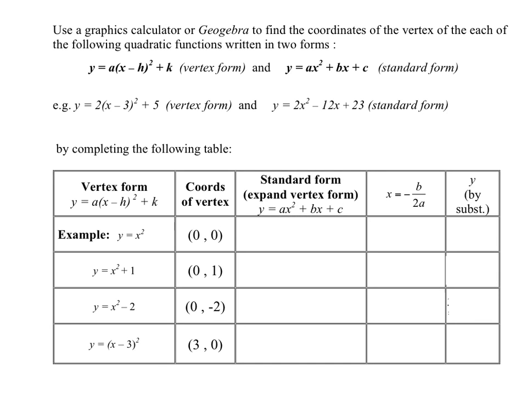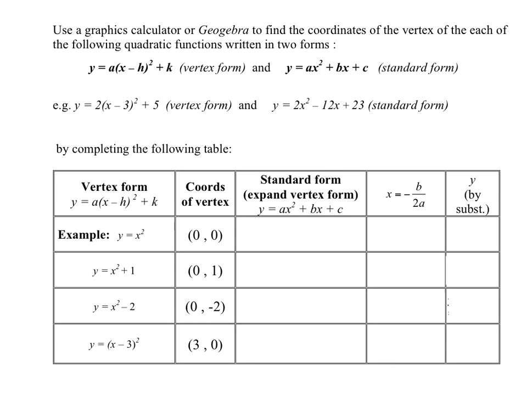What we can also do is expand each of these. For example, if I take this one way down here, y equals x minus 3 squared, if we expand x minus 3 squared, we will get x squared minus 6x plus 9.